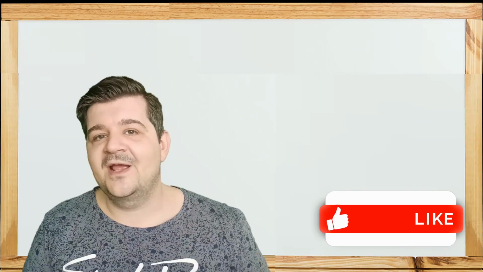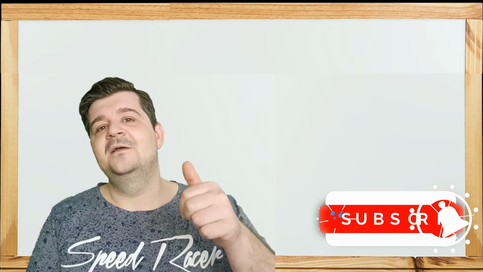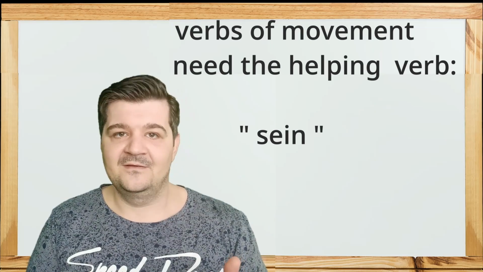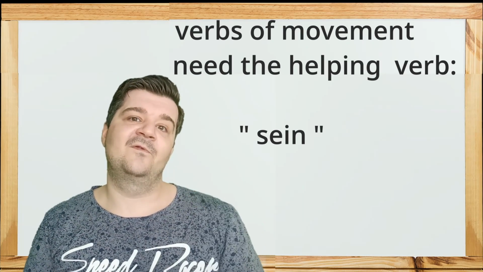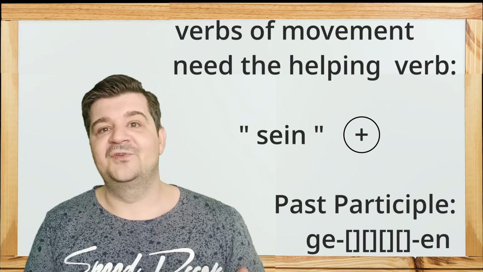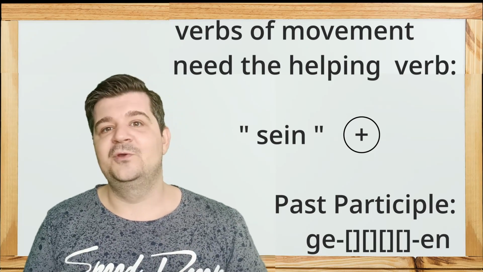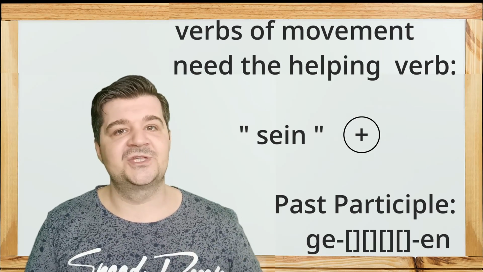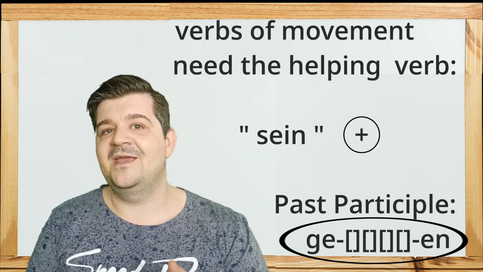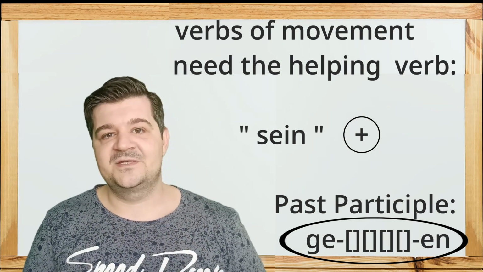So what do irregular verbs need? Well, they will need the helping word sein, and of course the participle, which we will have to know how to form. Well, you will have to know how to change it in the middle, and you will most likely have an en at the end of this participle.